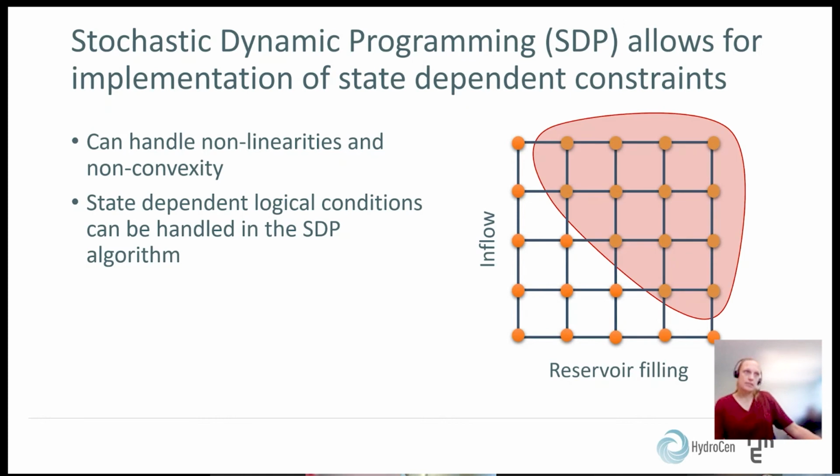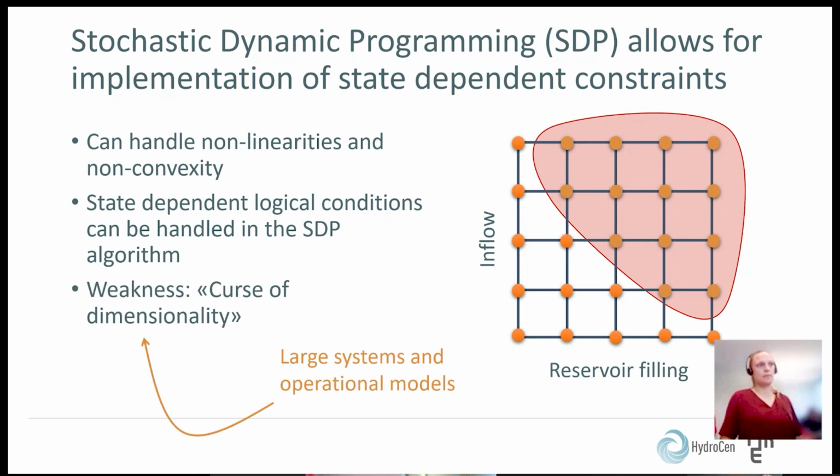And when we have state dependencies, implying that if, for example, the reservoir level is a certain level, or if the inflow is above a certain level or below a certain level, some kind of constraints become active or deactivated, we can check this in the algorithm and handle it in the algorithm instead of in the optimization problem, which is an advantage in this case.